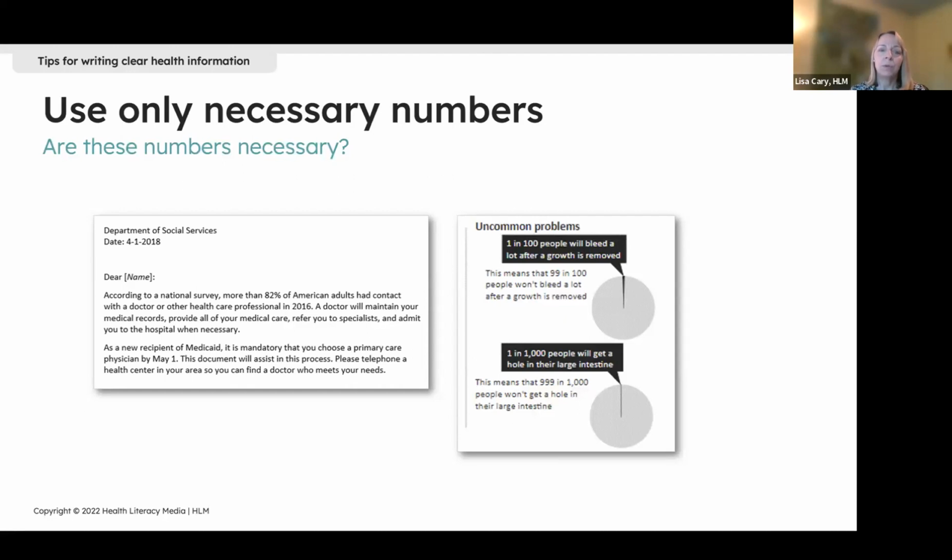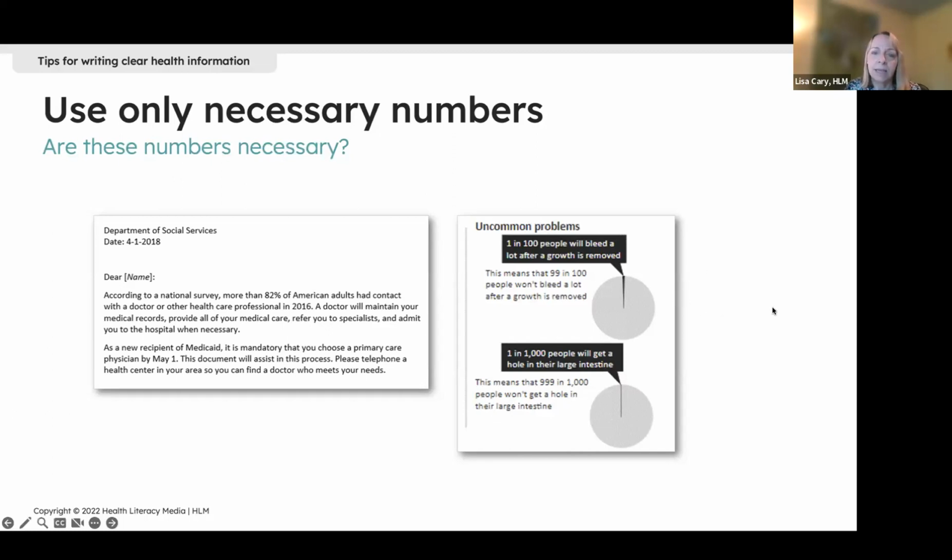We would say that this is not essential information, and maybe what you could do is move it down further in the letter so that people can get right to that second paragraph. As a new recipient of Medicaid, it's mandatory for you to choose a primary care physician by May 1. That's really the most important information in this.